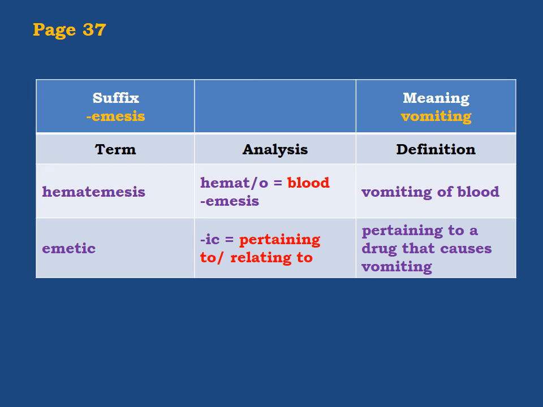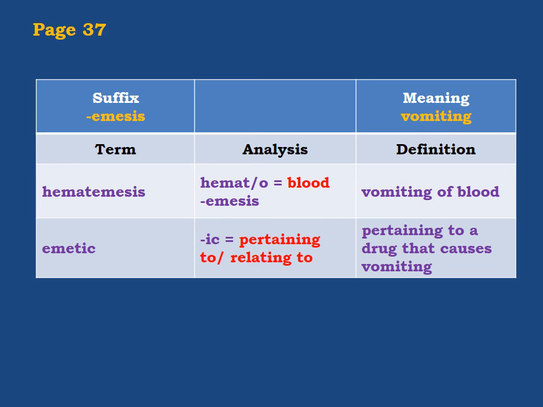Emetic. The suffix ic means pertaining to or relating to. Now we will come across a number of suffixes like this one, ic or al, ar, ary, something like that. We will come across them later. All of them mean pertaining to or relating to.